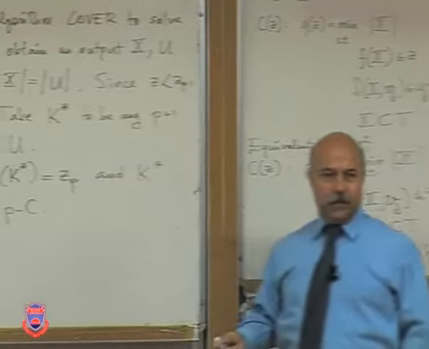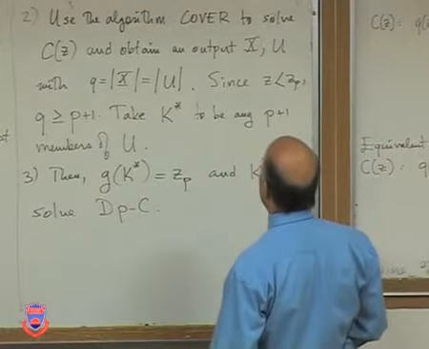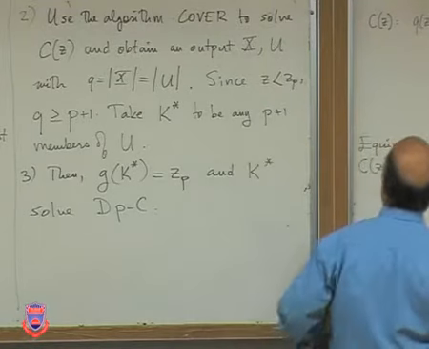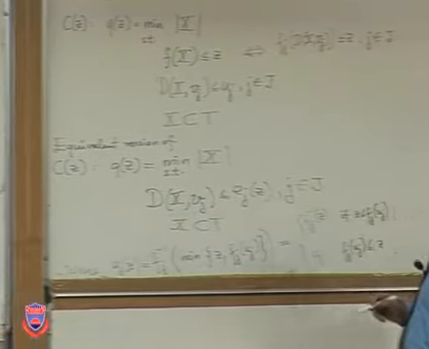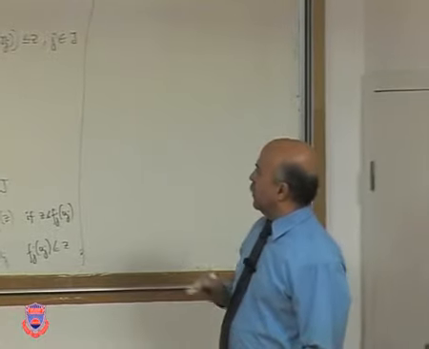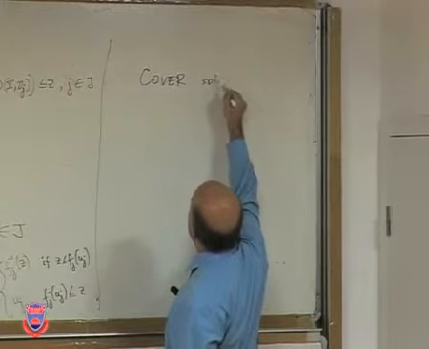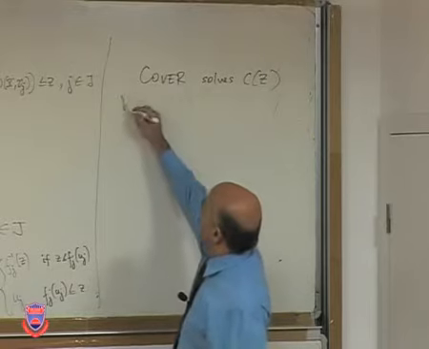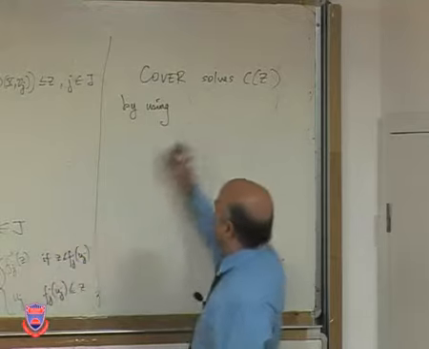That's already implicit because we're using Z to permit feasible solutions. That will be ensured. So when you use the covering algorithm, cover solves the problem C of Z by using string lengths defined by Ej of Z.